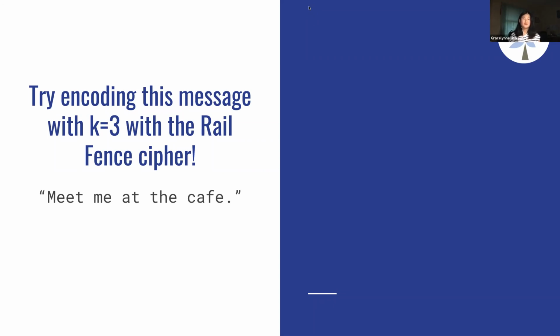Okay, so now I'll start going over how to encrypt this message. Okay, so given that there are 3 rows, we want to first create 3 rows, and then we evenly disperse the letters among these rows.